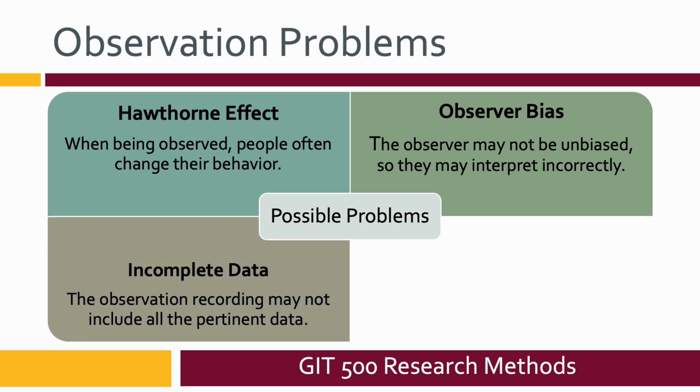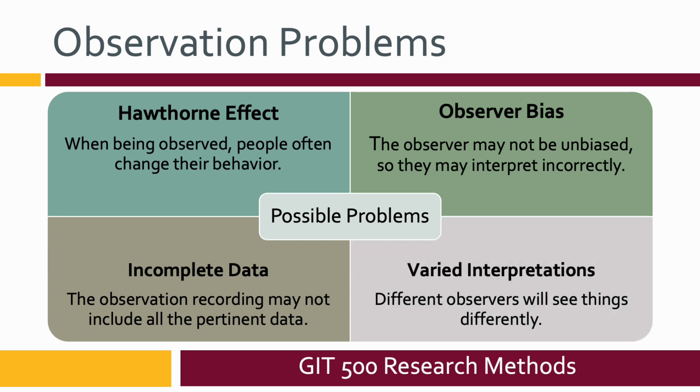Data might be incomplete because the observation recording, whether it's done on videotape, audio, or notes, may not have included all the pertinent information that should have been collected. And then varied interpretation. Different researchers, different observers will see the same things differently and interpret them differently.